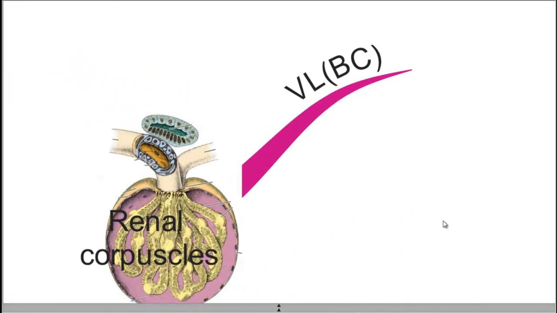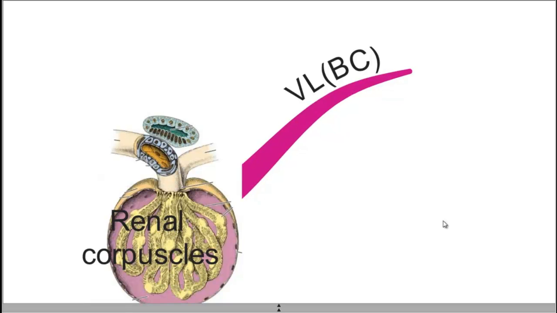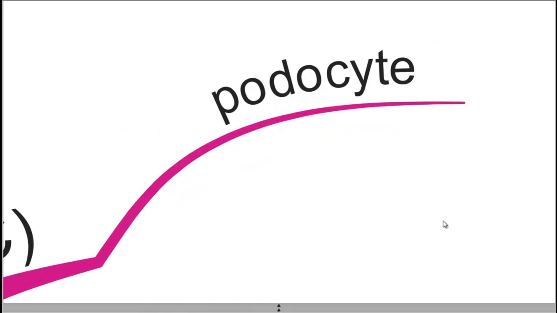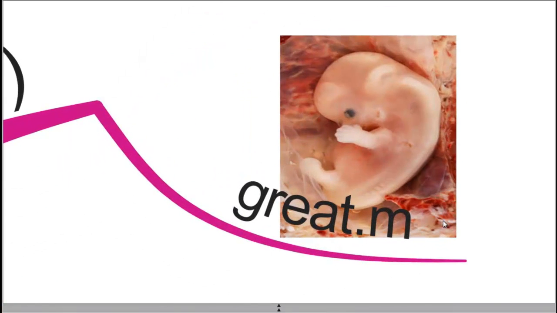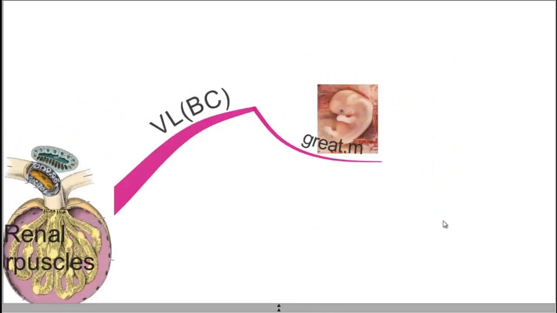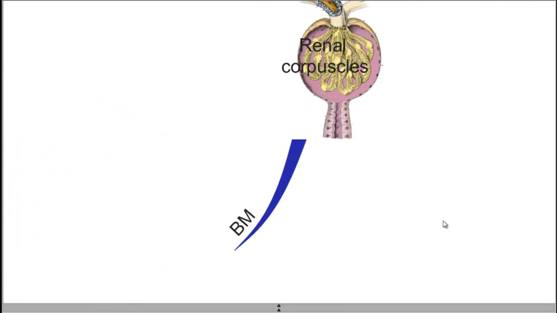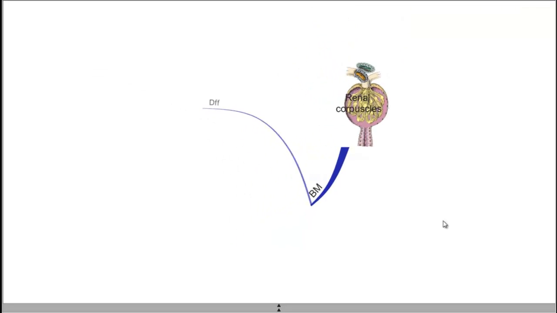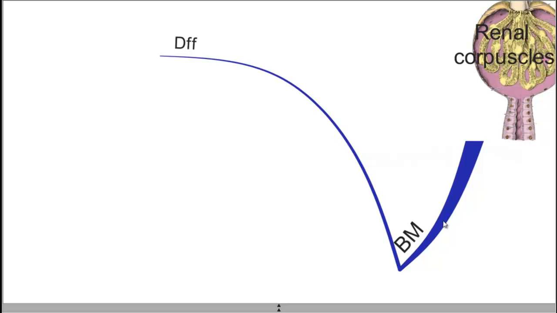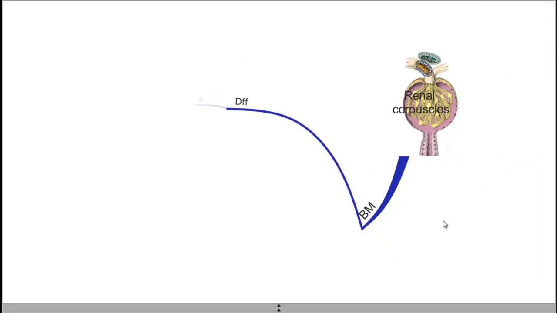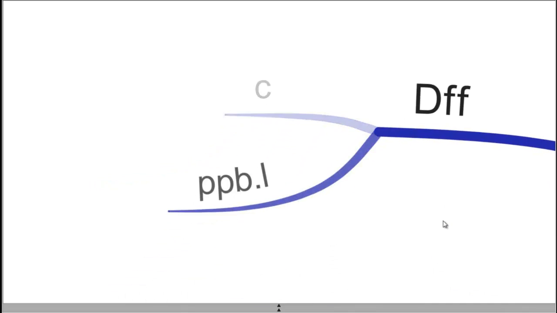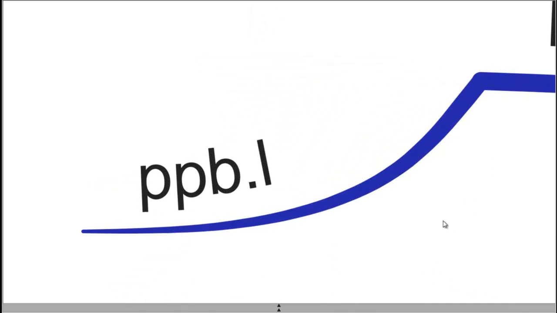When we talk about the visceral layer of Bowman's capsule, the cells of this layer are called podocytes, and during embryonic development they undergo a great modification of their epithelium. The basement membrane is derived from fusion between the capillary and podocyte basal laminae to produce a single basal lamina.